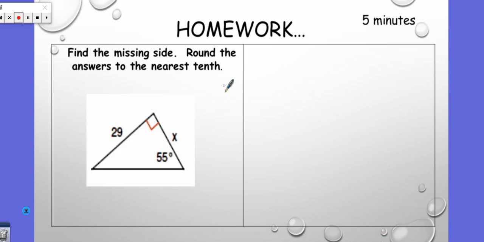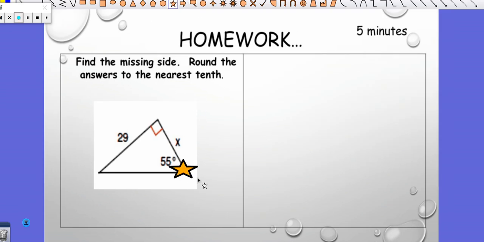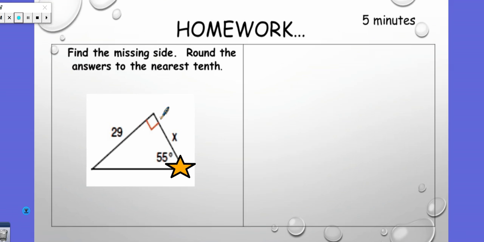Here it says find the missing side, round the answers to the nearest tenth. So again, I'm going to put my finger on the angle that I'm given, and this is going to be the hypotenuse because it is across from the right angle. This is the adjacent side, and over here is the opposite.